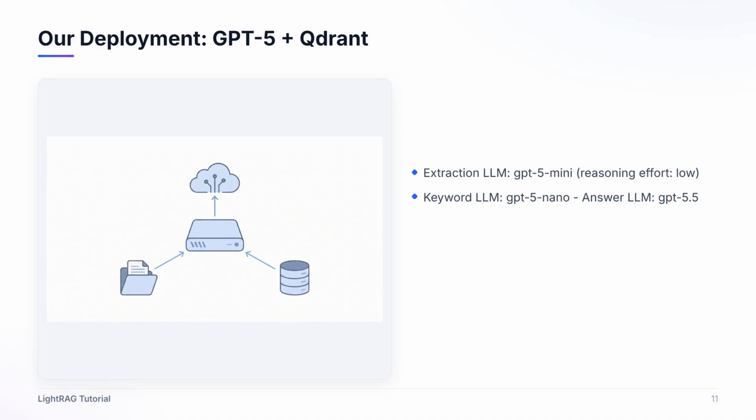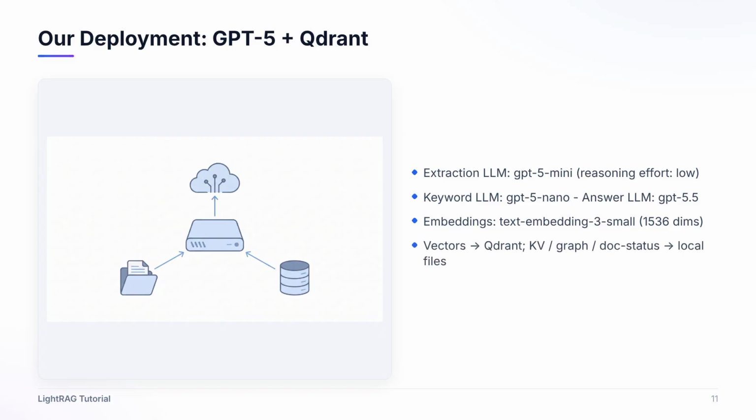The final user-facing answer is generated by the latest flagship, GPT-5.5. Embeddings use text-embedding-3-small, the compact 1600 dimension model. Vectors live in Qdrant, while the key-value store, the graph, and document status stay in local files. Because all the heavy lifting happens through the OpenAI API, no GPU is required.